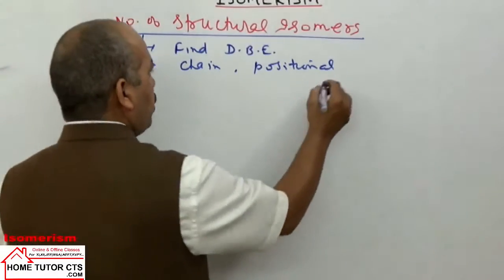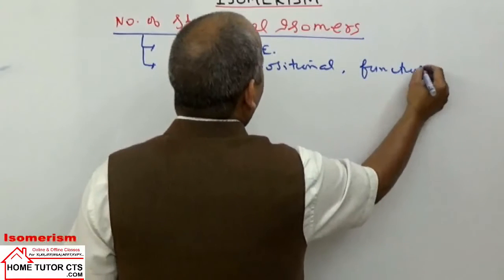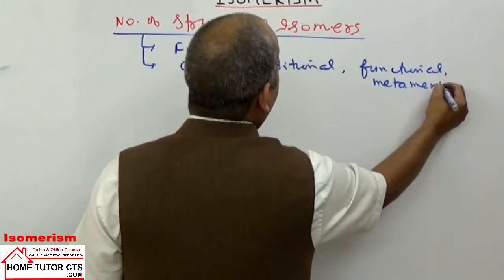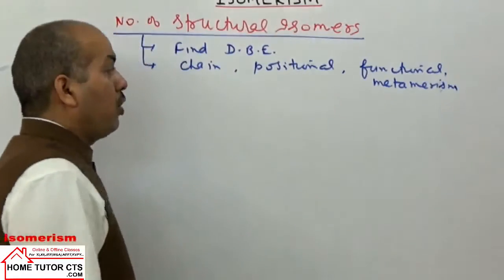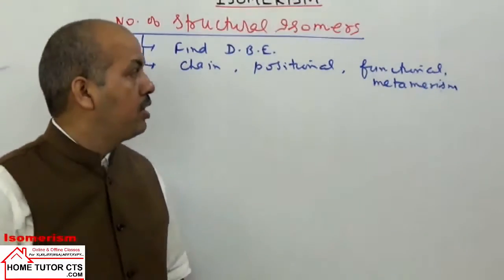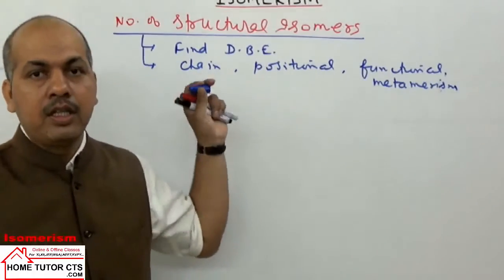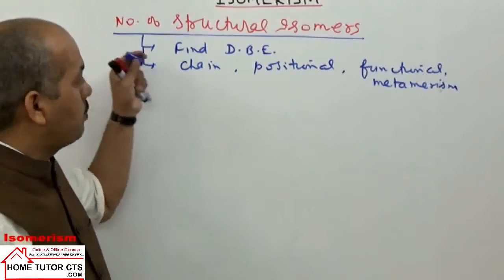There you can think on possibility of functional isomerism, functional metamerism, ring chain included here. You can think on all possibility of ring chain isomers, functional isomers, metamerism, positional isomerism, chain isomerism. That can give you the total number of isomers possible for a compound.